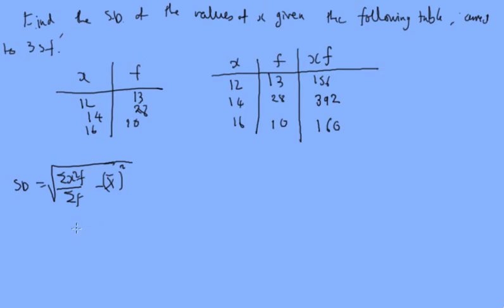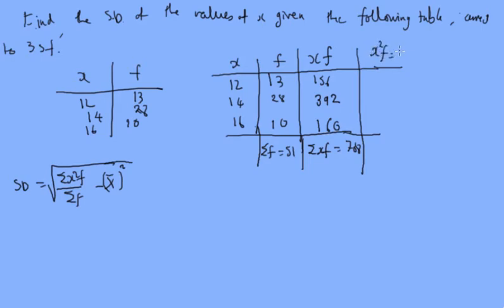Now remember, down here we're going to have the sum of f. Adding all these together, we get 51, and here we're going to have the sum of xf. So adding all these gives us 708. And the final column we need is x squared f, which is the same as saying x times xf.